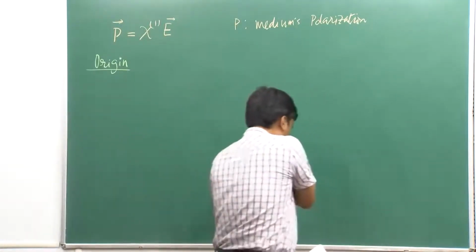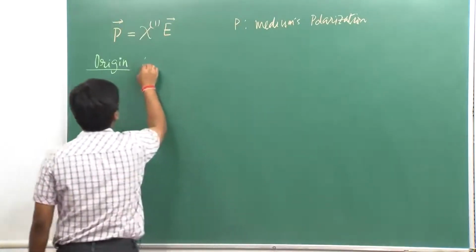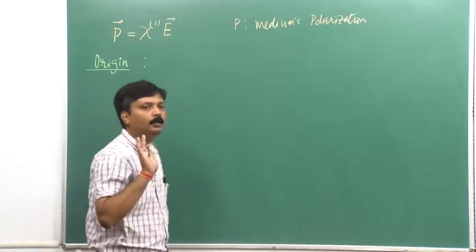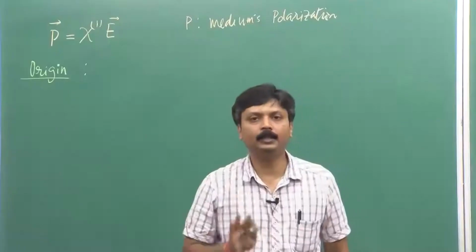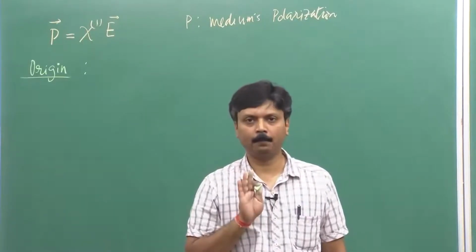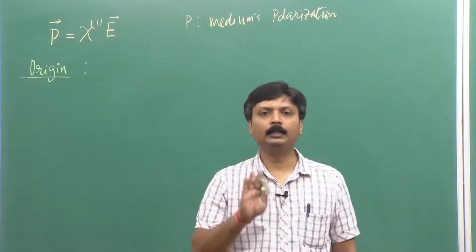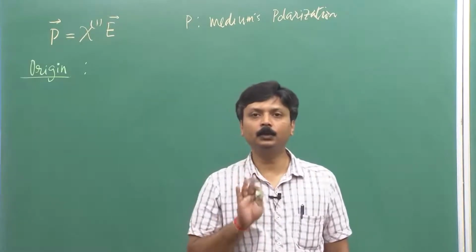So this above expression arises from the fact that the medium's polarization is essentially a sum of two different polarizations. One is the orientation polarization, another is the induced polarization.